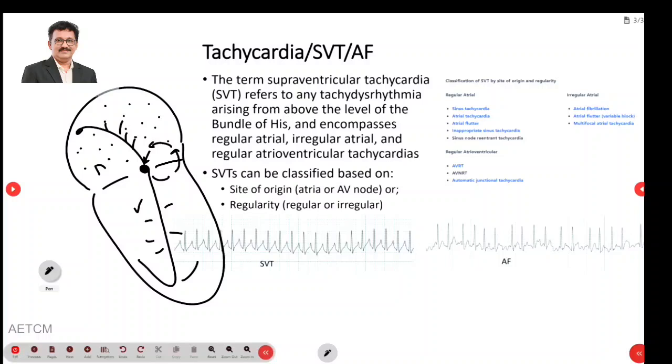So you can see here sinus tachycardia, atrial flutter, atrial fibrillation, multifocal atrial tachycardia. These are all things we have taken yesterday. AVRT, AVNRT. AVRT means AV re-entrant tachycardia. AV nodal re-entrant tachycardia is like this. AVRT is like this.